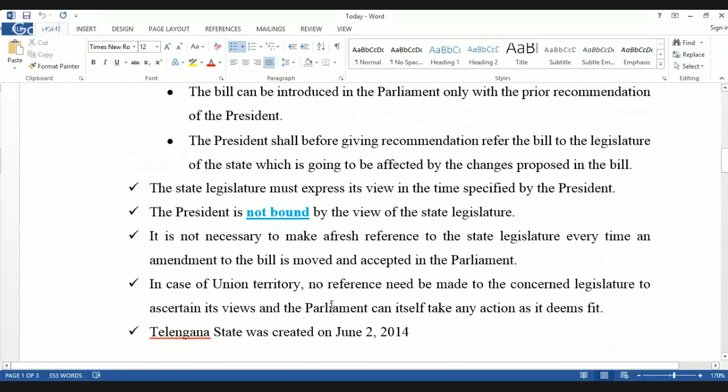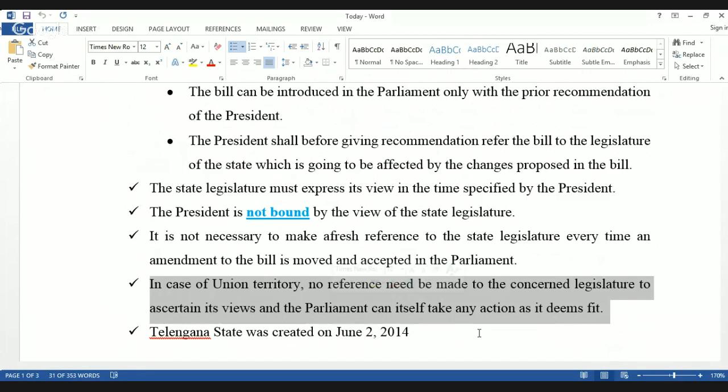And in case of a union territory, no reference will be made to the concerned legislature to ascertain its views, and the Parliament can itself take any action. If it is a state, then only you are referring the matter to the concerned state legislature. If it is a union territory with a legislature, you need not bother about that one. Straight away, the decision will be taken by the so-called central government.